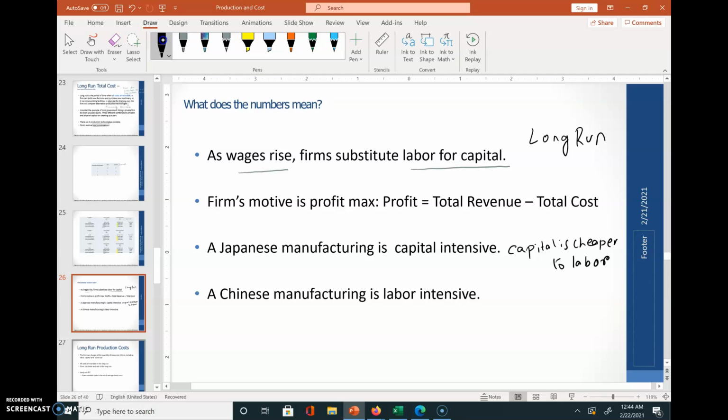However, Chinese manufacturing is labor intensive because labor is cheaper compared to capital. So the firm is going to choose the technology that minimizes cost of production, and that can change for different examples, different technologies, and different countries.